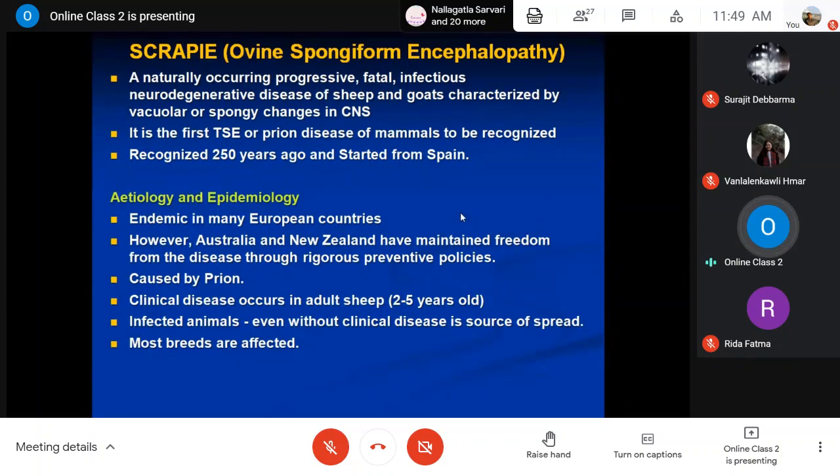It has been suspected that the infected meat of sheep with infectious prion particles, and the dead carcasses, sometimes the brain tissue, the offals, meat meals and bone meals, were utilized for the preparation of cattle ration. From that, the cattle got this infection. This is the presumption and thought of the scientists.